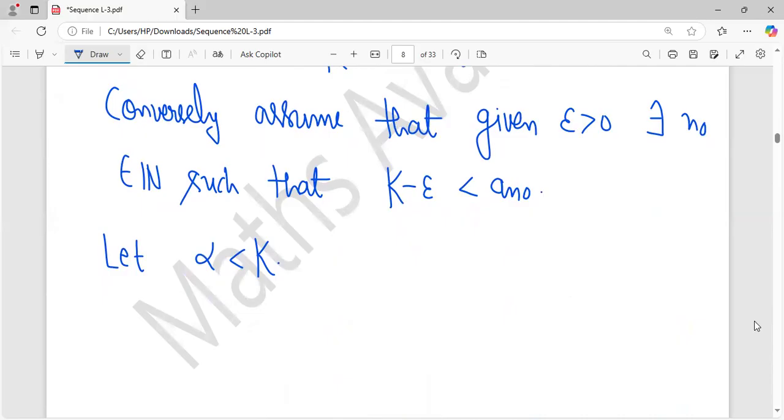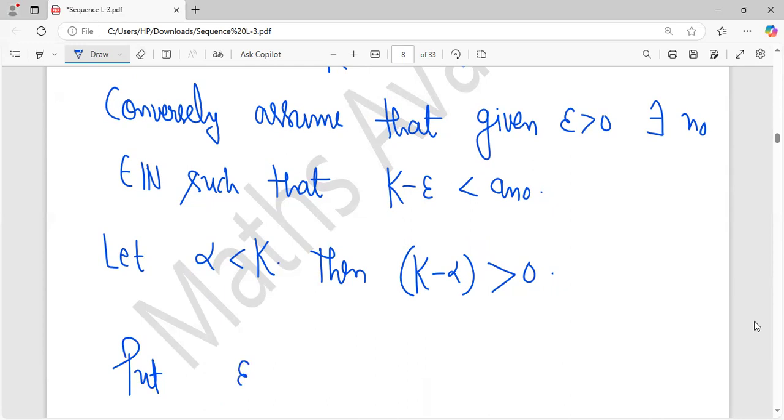Now, for the converse statement, we are assuming the converse. Let alpha be less than K. Then K minus alpha is greater than 0. So put epsilon equal to K minus alpha.